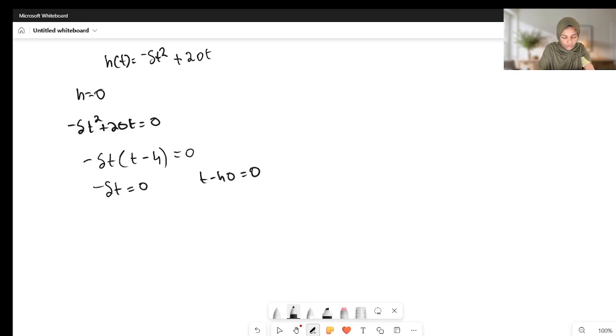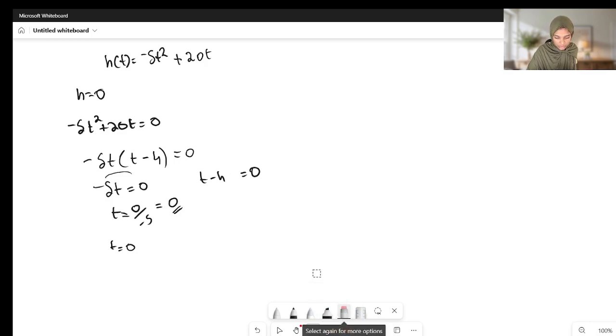So first of all, here minus 5t is equal to 0. We need to find the time. So we will take this 5 to the other side and it's going to be 0 by minus 5, which is 0. We found that t is equal to 0. And here, t minus 4 is equal to 0.